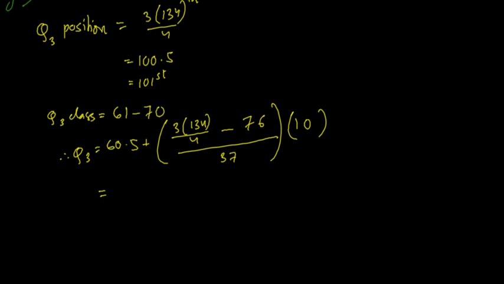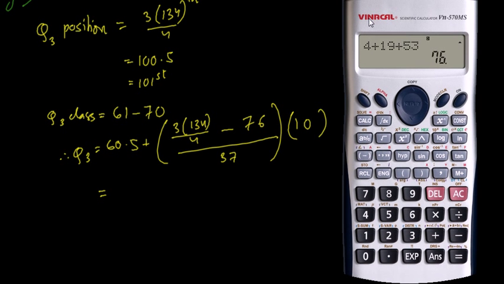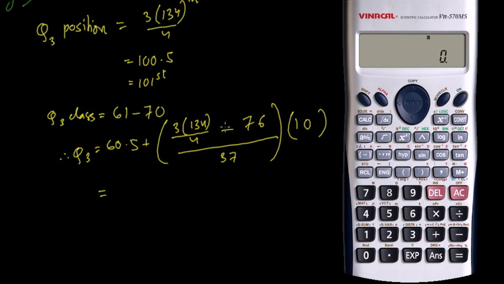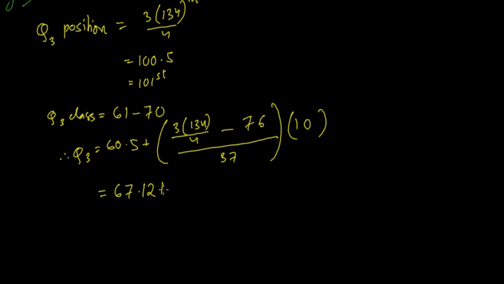Okay, let's write down Q3. Let's start from the inside of the bracket. 3 into 134, divided by 4, is 100.5, minus 76, divided by 37, into 10, plus 60.5 equals 67.12162.